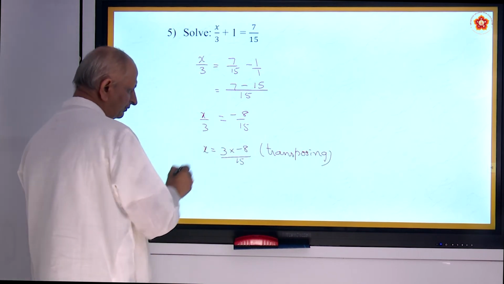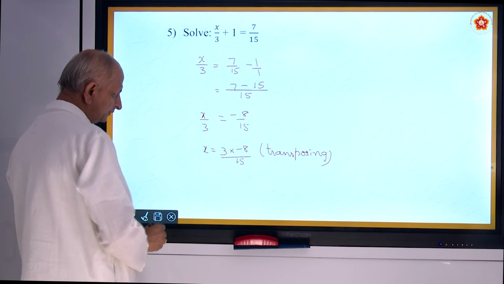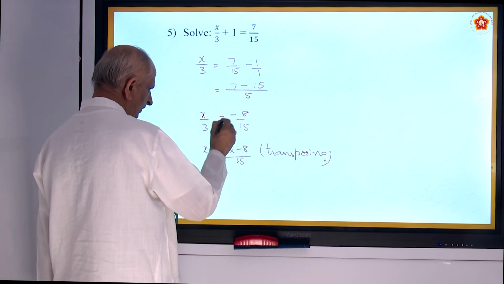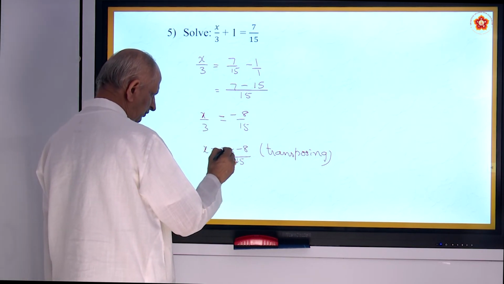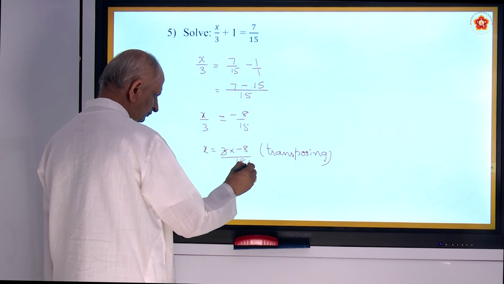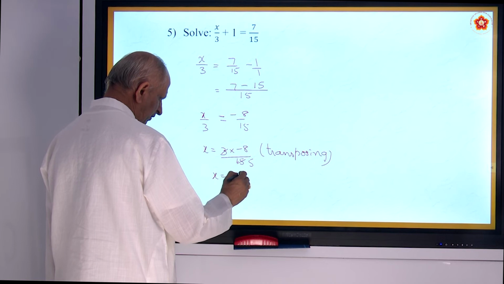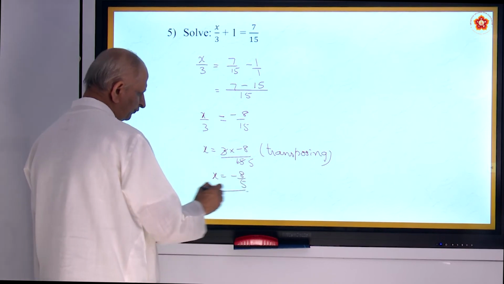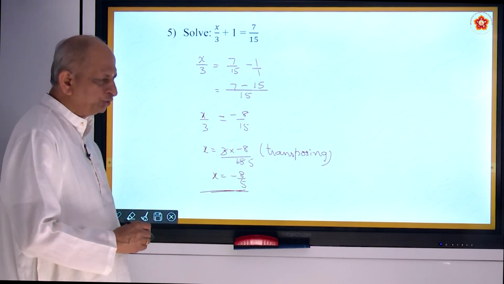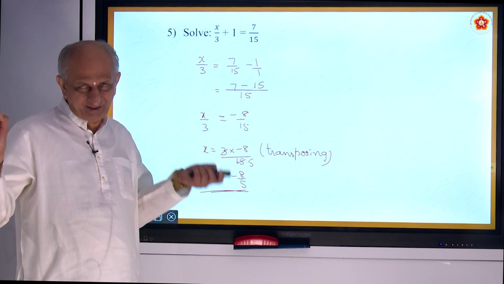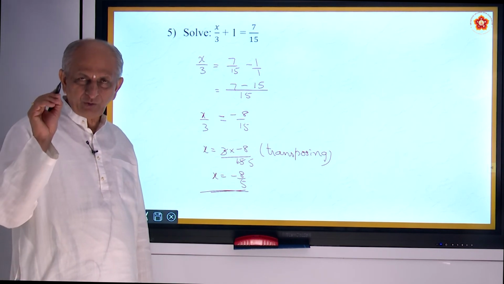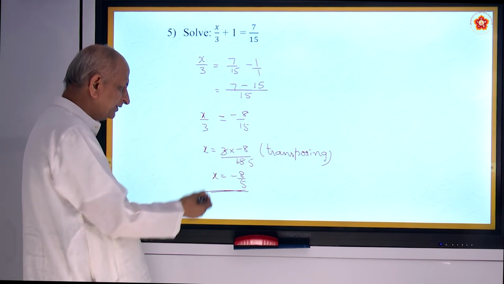So this is divided here, it comes up, becomes into here. 3 ones are, 3 5s are. So x is equal to minus 8 by 5. Why did you take this problem? Just to show you that it need not be plus only. It need not be a whole number only. It can be a fraction like this also.